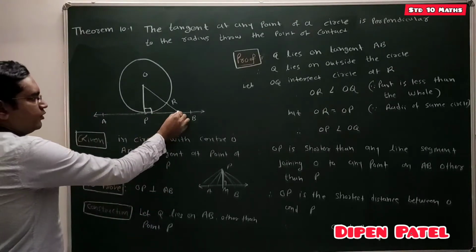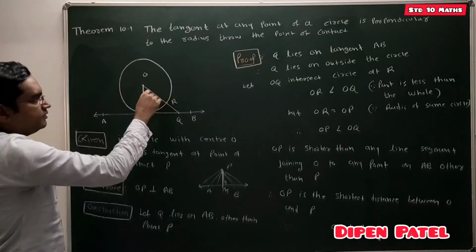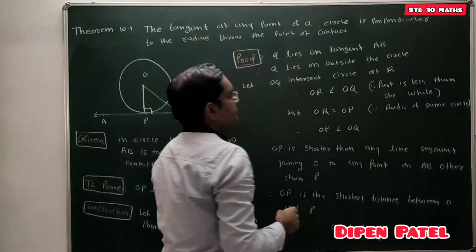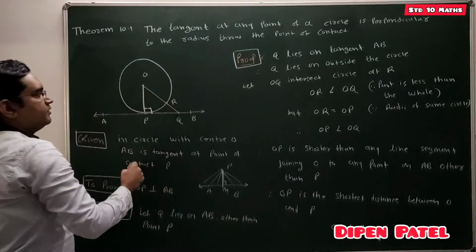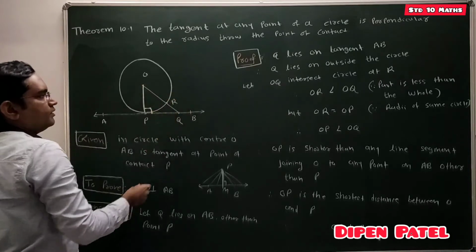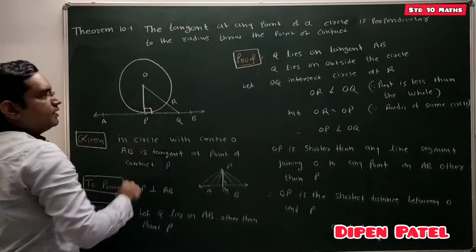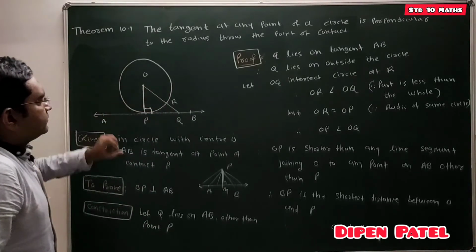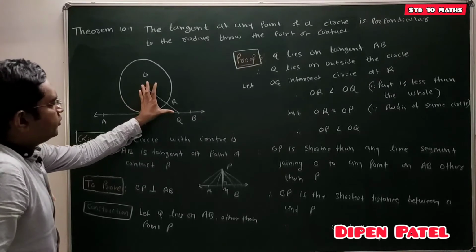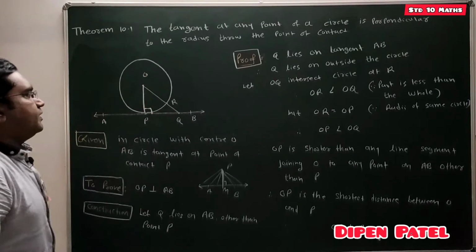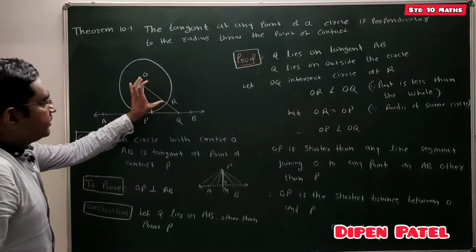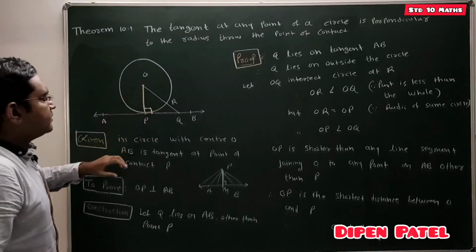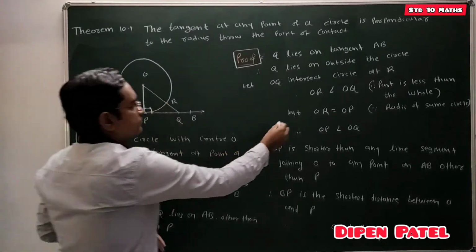Here we can see that this point Q lies outside the circle. Point Q lies on the outside of the circle. So here we can see that this OQ intersects the circle at this point R. So this point Q lies in the exterior part of the circle. So it's clearly seen that OQ is greater than OR.